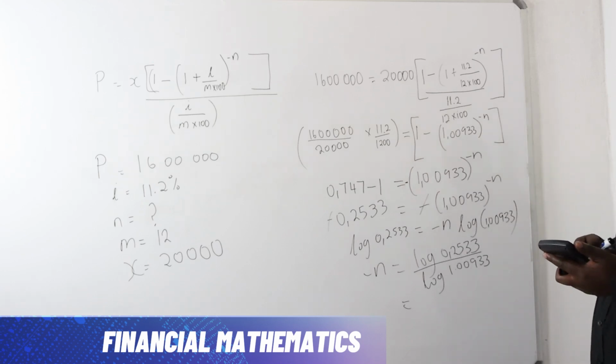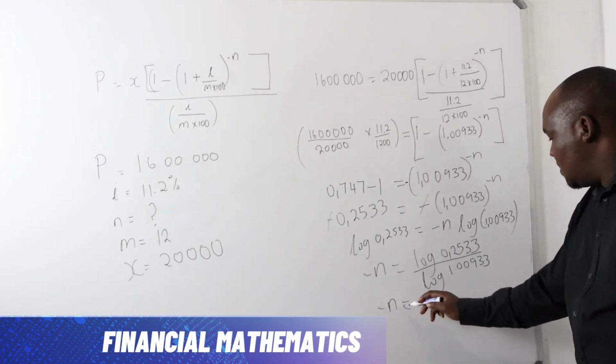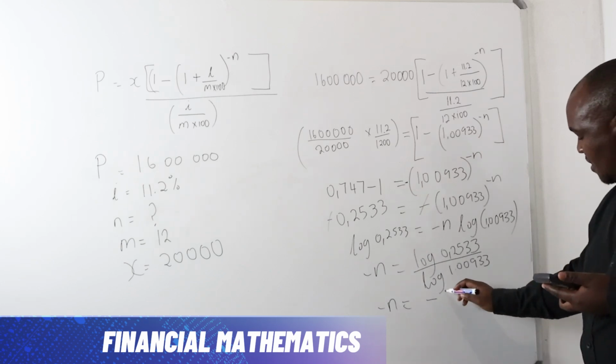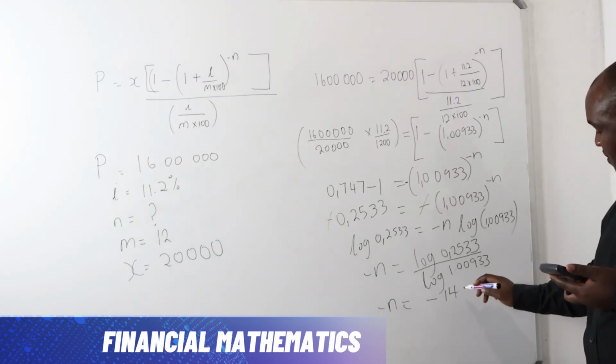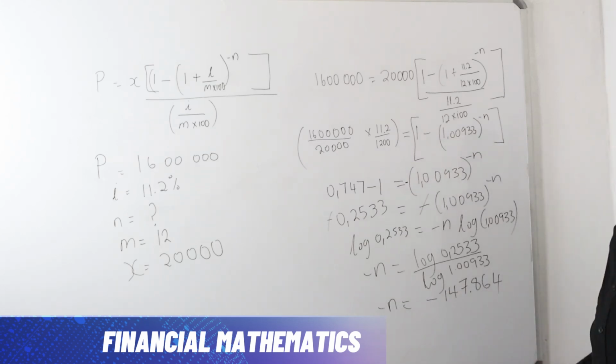In this case, log of 0.2533 divided by log of 1.00933 gives you minus 147.864.